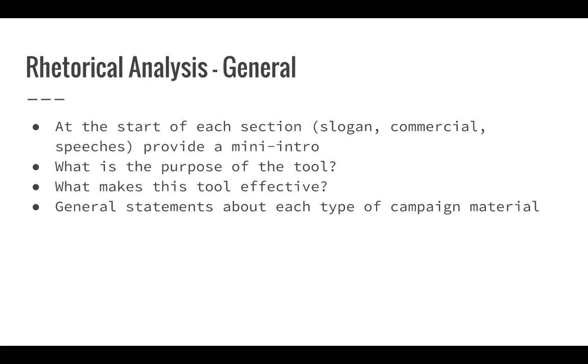Like when you talk about the commercials, you could talk about the history behind the first political commercial. Just a little mini introduction, 2 or 3 sentences tops, not a big deal, but just to kind of introduce us to the idea of the slogan, commercial, or speeches. Otherwise, it feels really jagged getting in there, if that makes sense. So make sure you have a little mini intro.